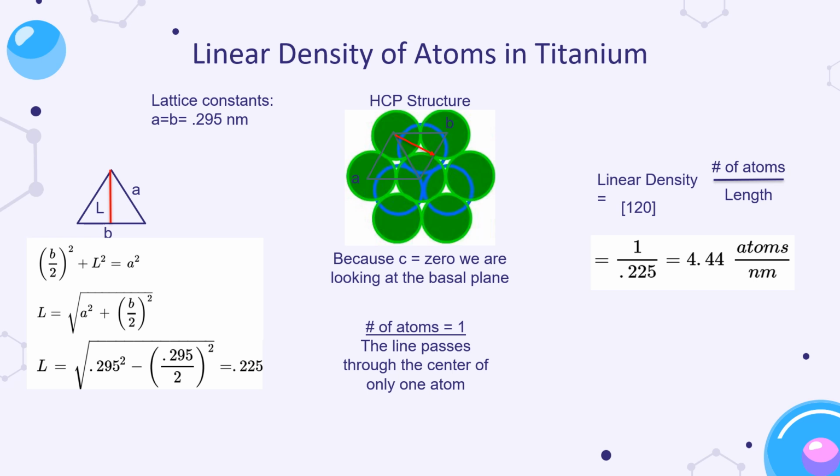We can look at this parallelogram as two separate triangles where the line we are concerned with passes through the center of one opposite side, which we can see depicted by the red arrow in the center of our slide. We can use this again with the Pythagorean theorem to find the length of our line to be 0.225 nanometers. The line only passes through the center of one atom, so when we plug our numbers into our linear density formula, we get that the linear density of titanium along the 120 direction is about 4.44 atoms per nanometer.